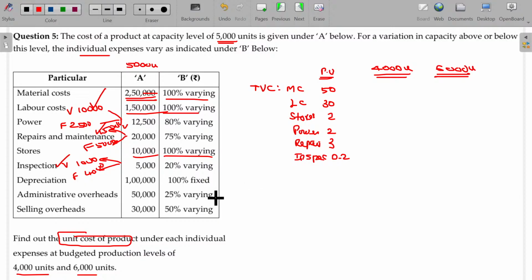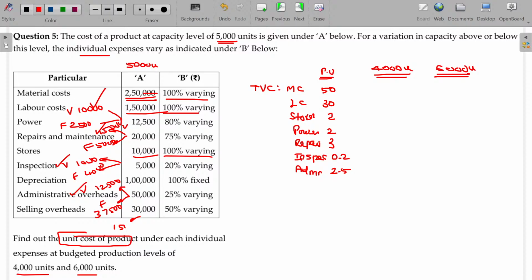And administration 25%, 12,500 is variable, 37,500 fixed. Finish off variable first of all, admin 12,500 for 5,000 means 2.5.